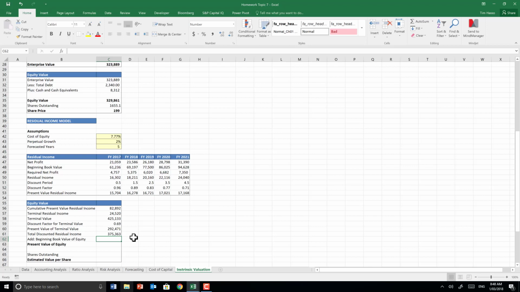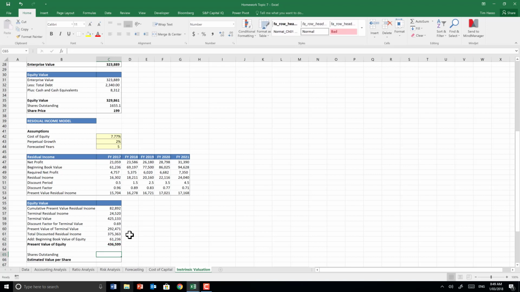Now, when it comes to the residual income model, there's a slight difference in the sense that we are, one, looking at the equity value specifically, but after we considered how much economic profit or residual income we've made in the future, we also need to add beginning book value. So the beginning book value you can simply grab from cell C48 in this case, which means that the present value of the equity is going to be equal to the total future residual income in today's dollars plus the beginning book value. So it's going to be about 436,000.